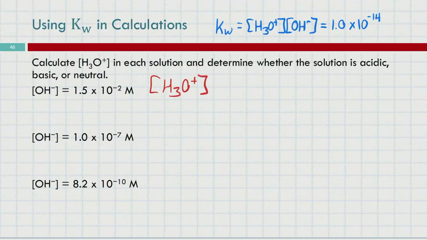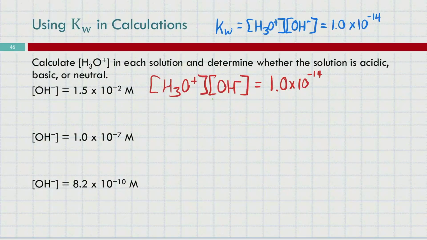So starting with H3O plus times OH minus equals 1 times 10 to the minus 14. We have hydroxide, and we want to find hydronium, H3O plus. So we want H3O plus by itself.